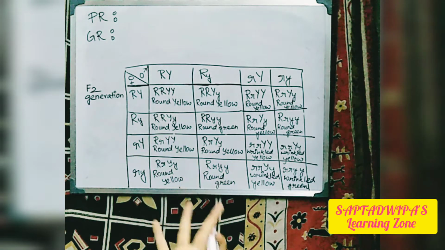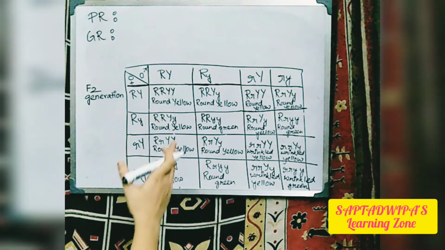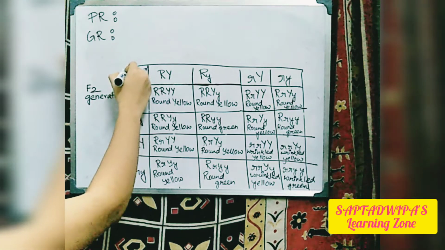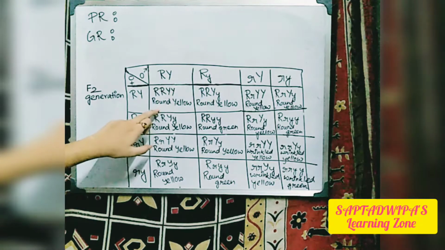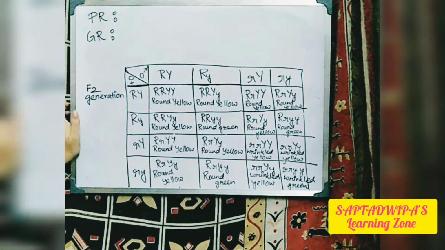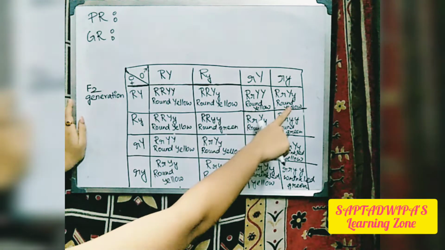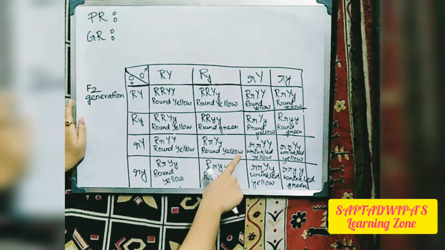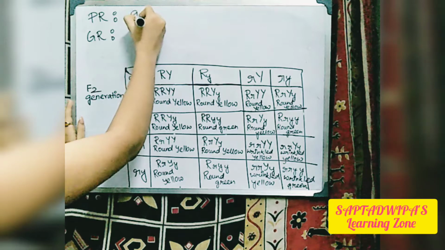We can see that, right? It's round in size and yellow in color. So round yellow, round green, all these are phenotypes. That means it depends upon the appearance. So how many round yellows have we got? We'll count. 1, 2, 3, 4, 5, 6, 7, 8, 9. So 9 round yellows we have got.